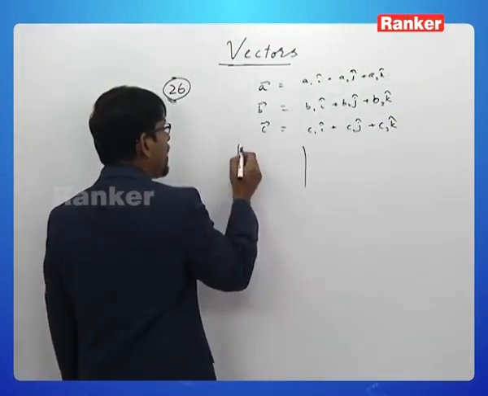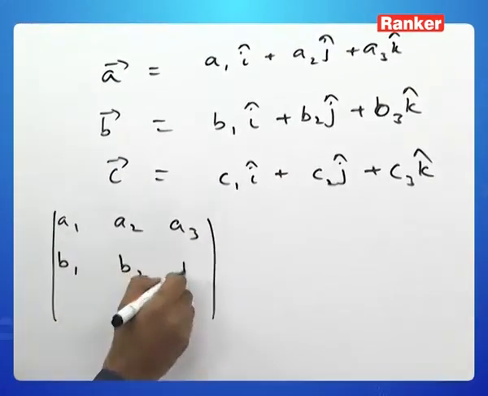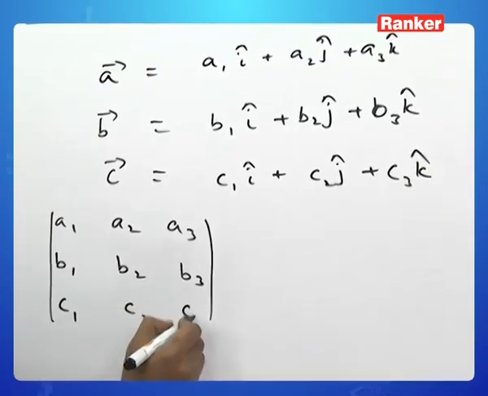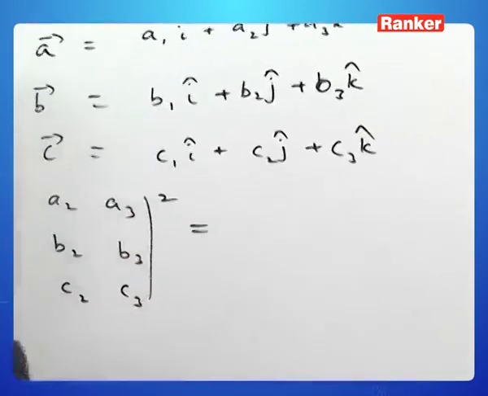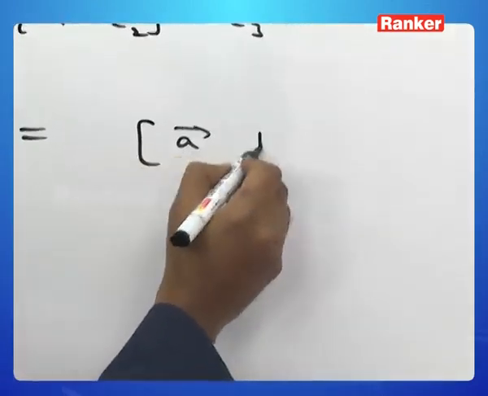This determinant A1, A2, A3, B1, B2, B3, C1, C2, C3, square of it is nothing but box of ABC the whole square.